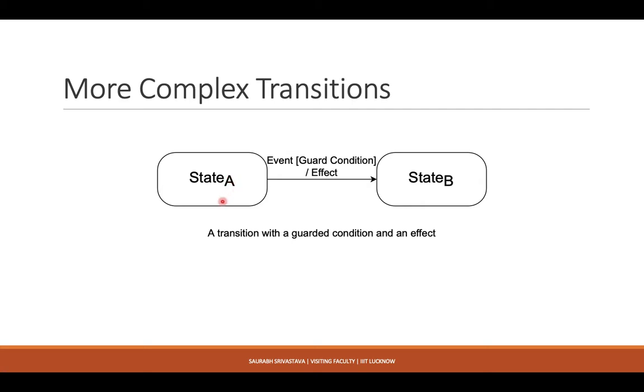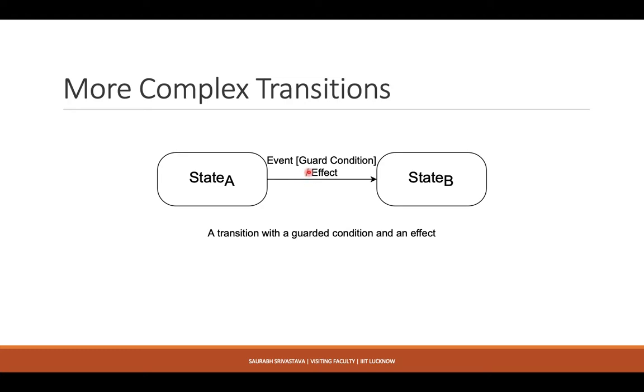There is a particular state here, and there is a transition being shown between these two states, and this transition will only take place if this event occurs and this guard condition is true. And what exactly does this signify? It signifies whatever you have written here. So after a slash you can write the effect.